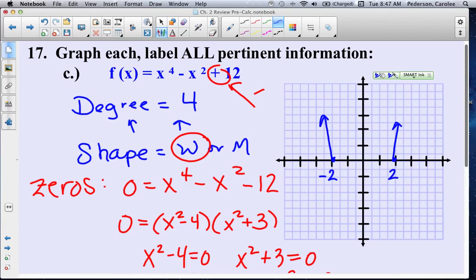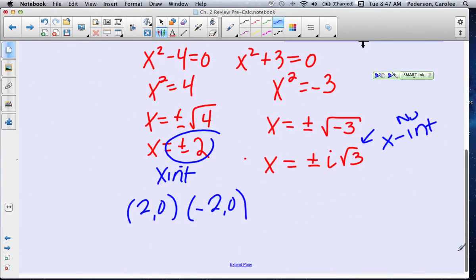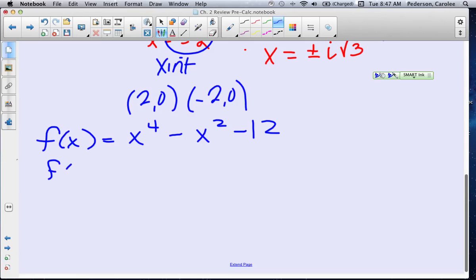So you'd find f of 0. Your original function was x to the 4th minus x squared minus 12. Plug in 0: 0 to the 4th minus 0 squared minus 12, which is negative 12.